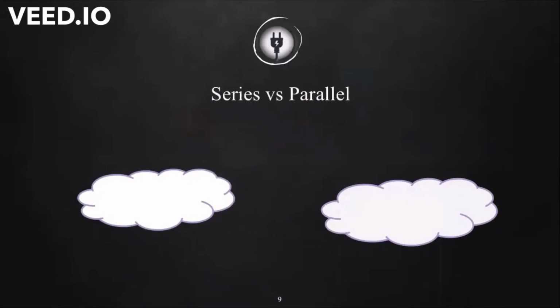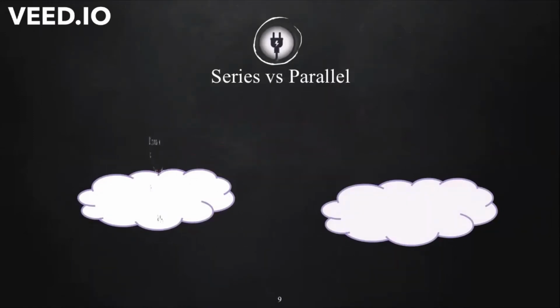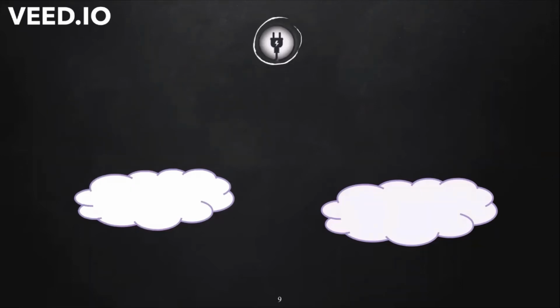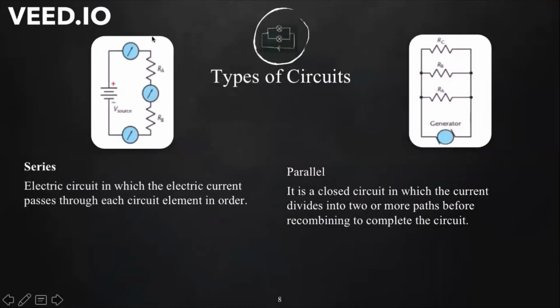Moving on, differentiating between series and parallel circuit. The series circuit, as you have seen earlier on, has only one path for the current to flow in a closed circuit. As you can see here, in this series circuit, the current is flowing in one direction and it goes through all of these components, the lamp, the resistance, the lamp again, the resistance.